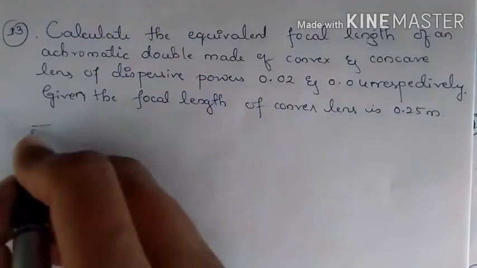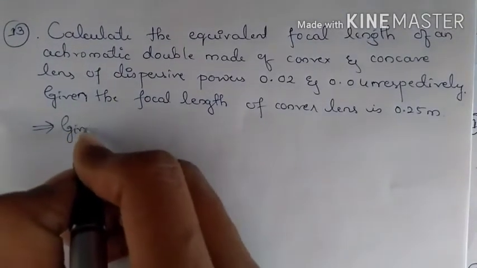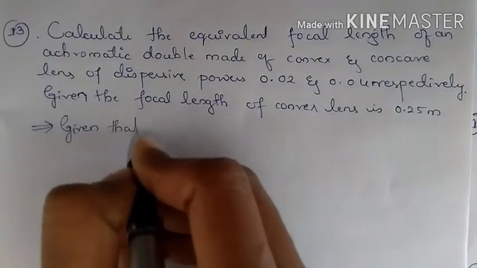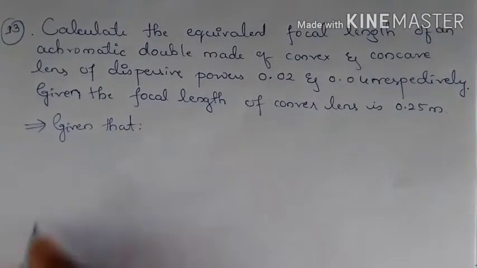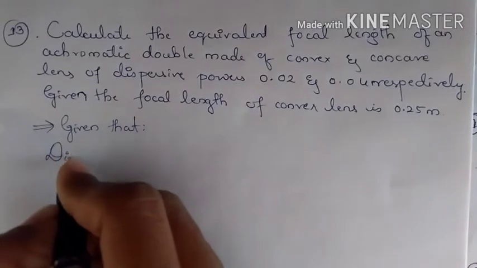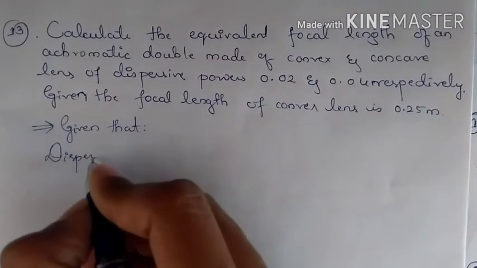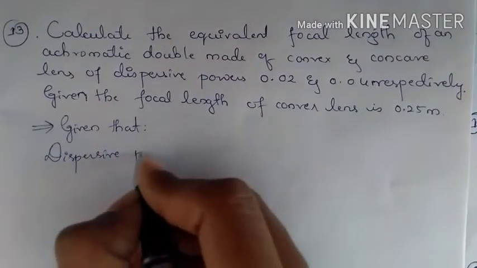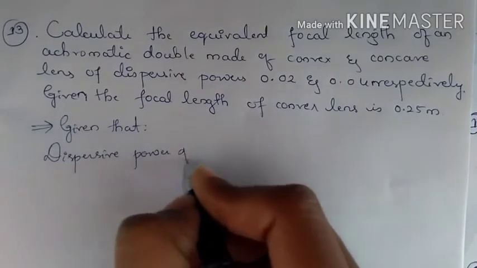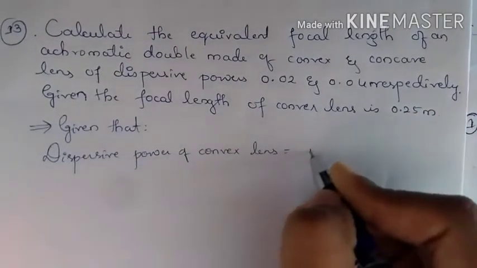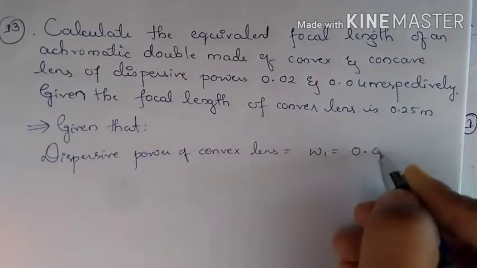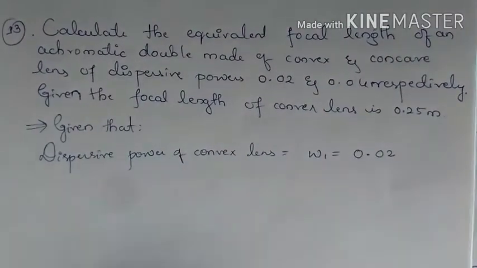So now for the solution, given that the dispersive power of the convex lens omega 1 is equal to 0.02.